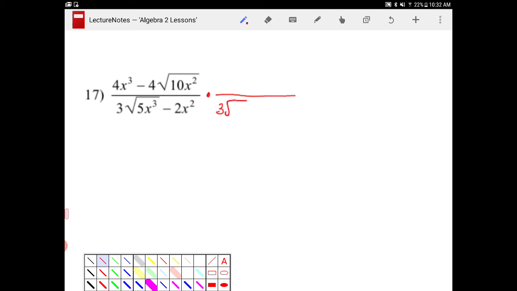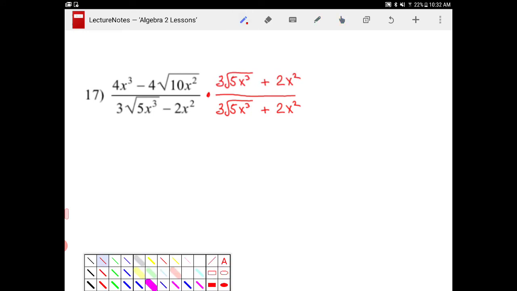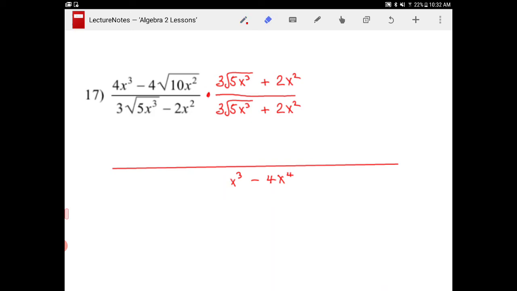So this is 3 radical 5x to the third. Multiplying by the conjugate, this becomes a plus 2x squared. And both the numerator and denominator get multiplied by the same exact things. So if I do this, the denominator becomes 9 times 5x to the third minus 4x to the fourth. 9 times 5 is really 45, so I'll just write 45.